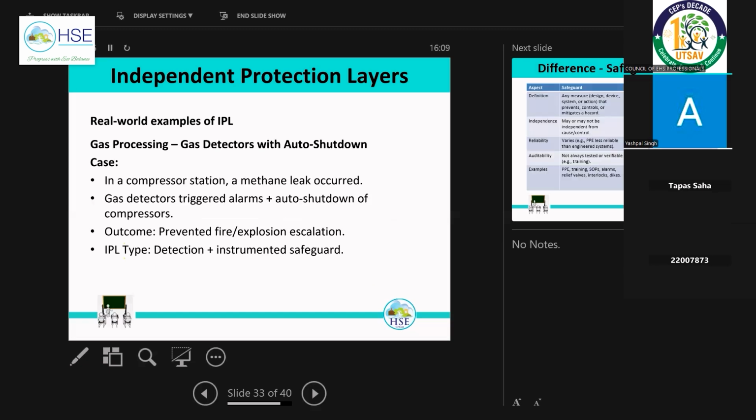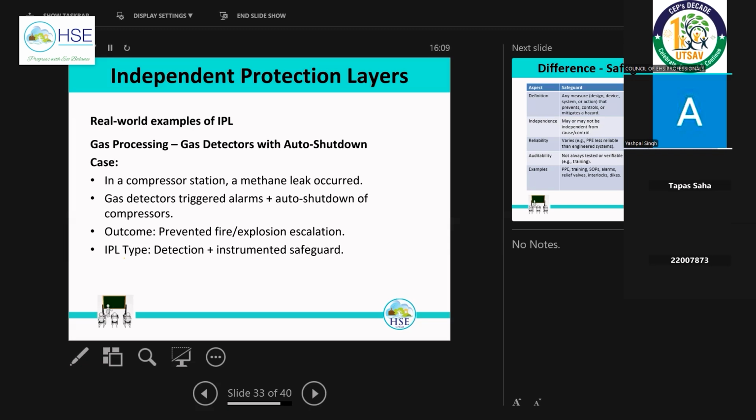Then gas processing, a gas detector with auto shutdown. If there is a release, the gas will be detected and either the feed to the system or reactor will be closed, and this way the effects of the hazard can be mitigated. Another example is a compressor station where a methane leak occurred.